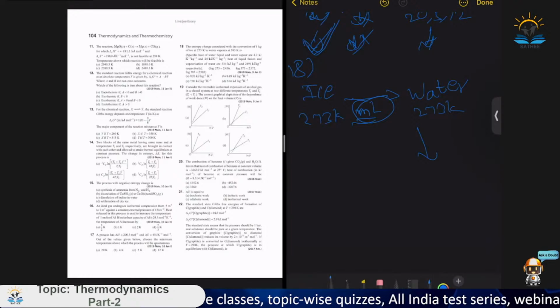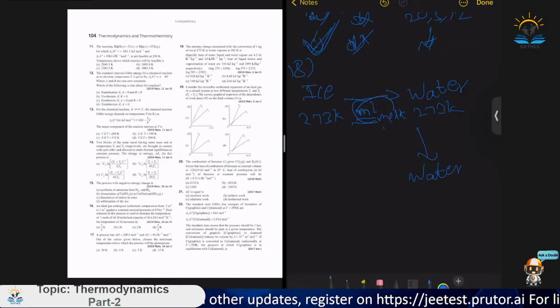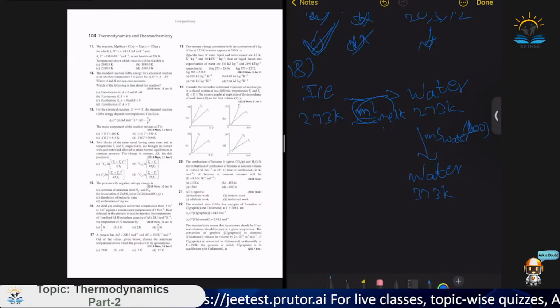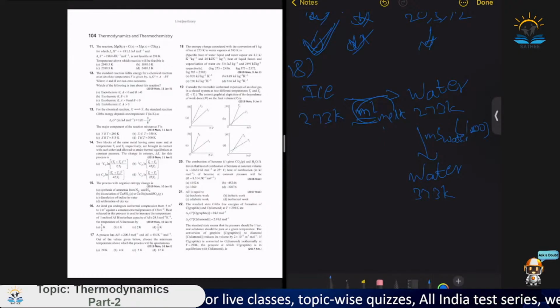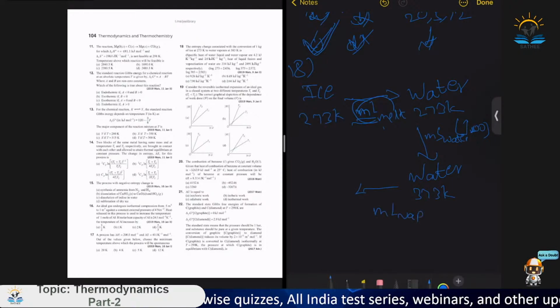The value of melting is given, that will be it. Now from water at 273 Kelvin to water at 373 Kelvin, if we provide heat ms delta t. Here vaporization, water to vapor like steam.